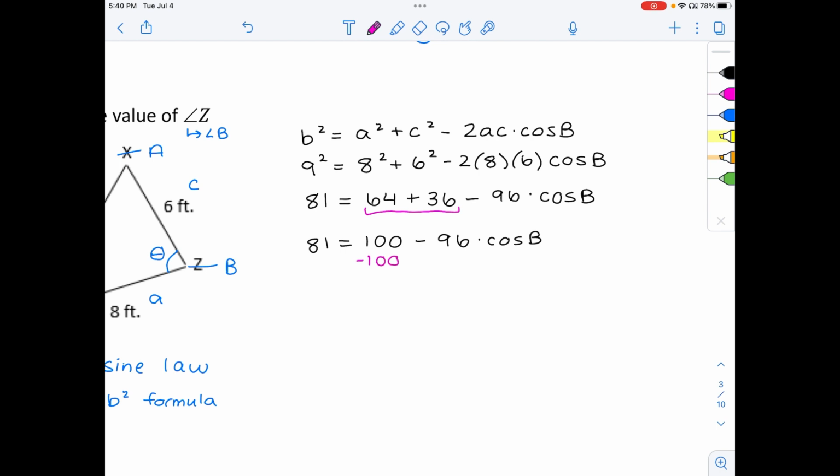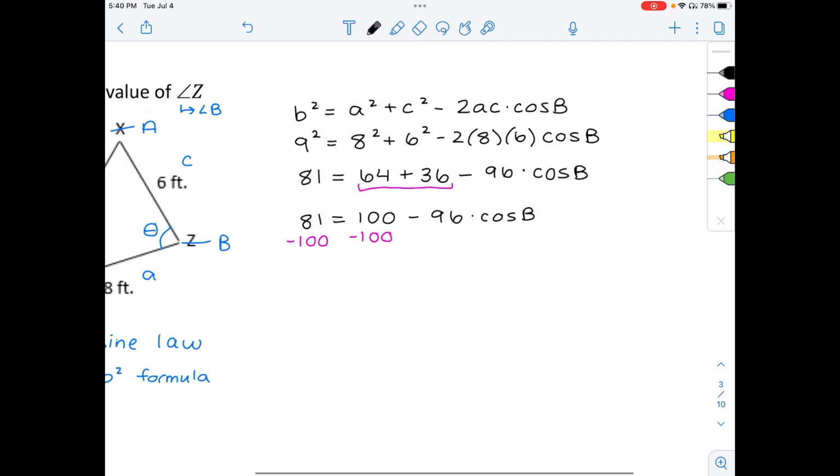In this case, it's 100, and we will subtract it from this side as well. That will get rid of that number on the right side of your equation. It's okay that the left side now is negative. Sometimes it's negative, sometimes it's positive, and that corresponds to whether your angle is going to be obtuse, bigger than 90, or acute, smaller than 90. So we have negative 19 equals, and then this is still negative here. We keep the negative.